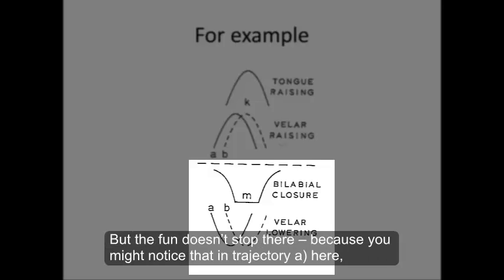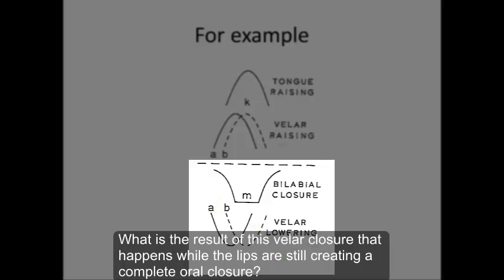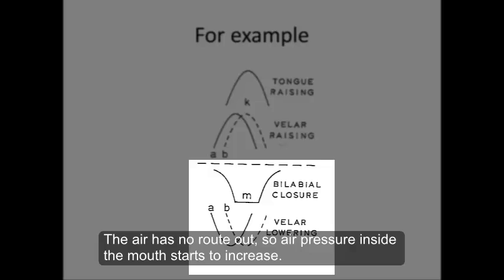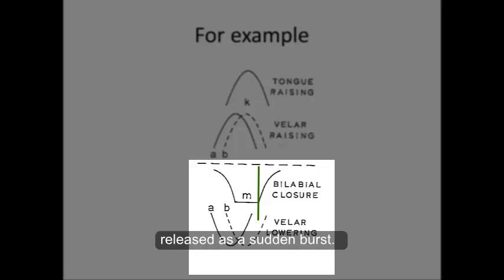But the fun doesn't stop there, because you might notice that in trajectory A here, the velum moves back up. In other words, it closes again, while the lips are still closed. What's the result of this velar closure that happens while the lips are still creating a complete oral closure? The air has no route out, so air pressure inside the mouth starts to increase. Then when the lips do open up, right here, there's some air pressure built up that's released as a sudden burst.